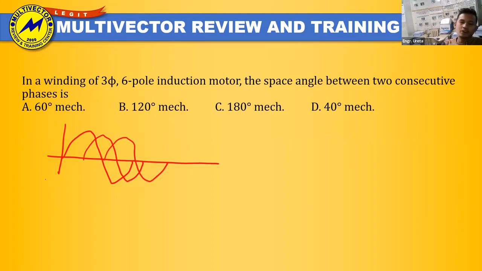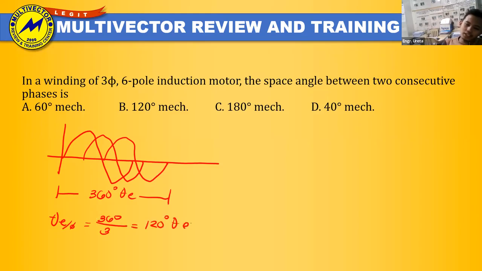Pagtsagaan nyo na lang drawing ko, no? So for a 360-degree electrical, paghahati-hatiin na lang tatlo yan. Therefore, the electrical degree per phase is just equals to 360 divided by 3 phases. Therefore, each covers 120-degree electrical.